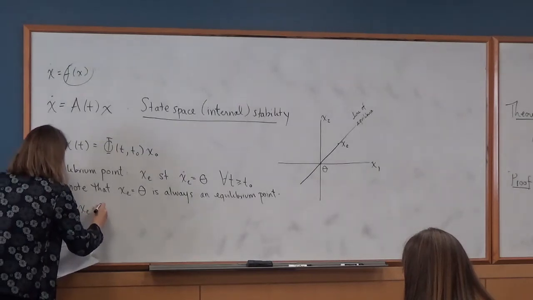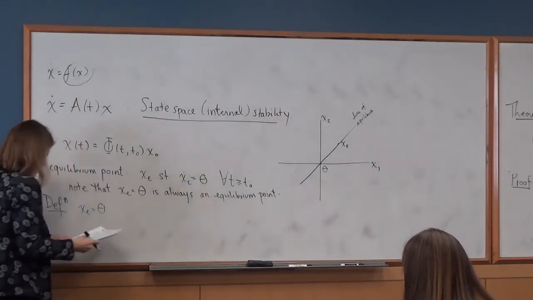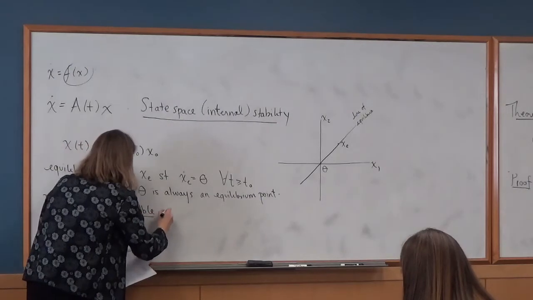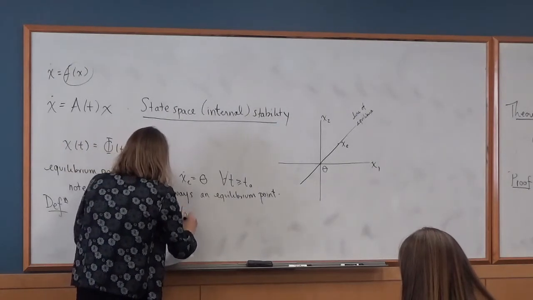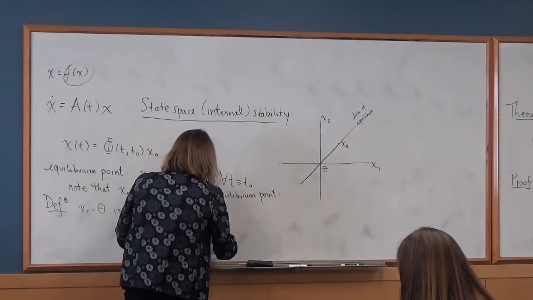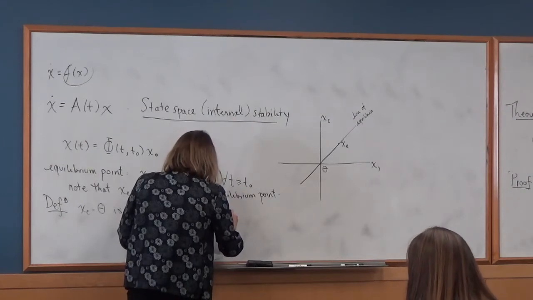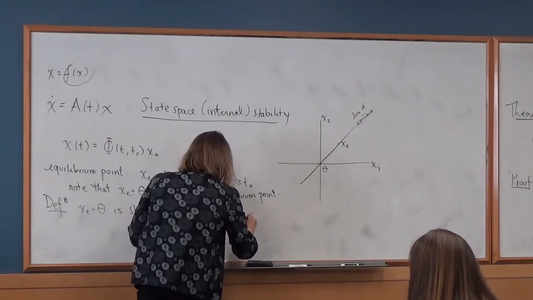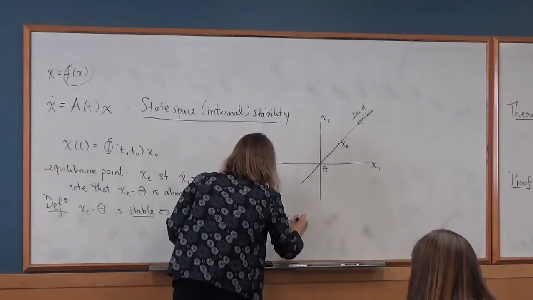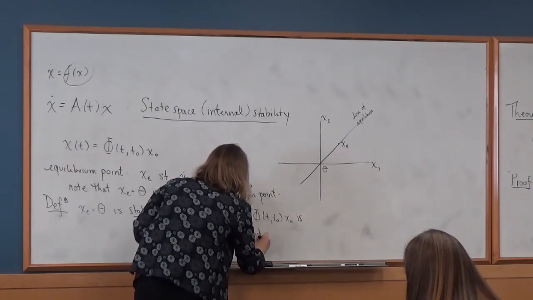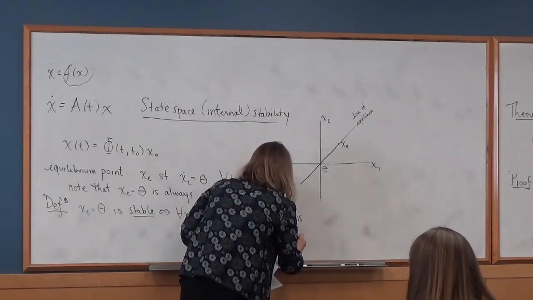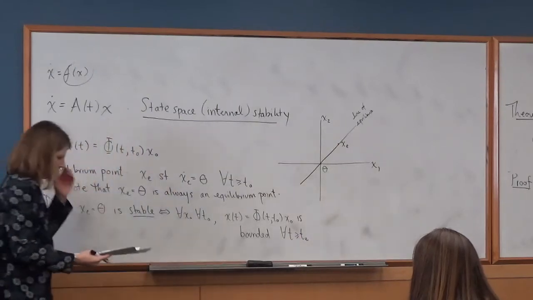So we say that xe equals 0, the n-dimensional 0, is stable. So just by definition, what does it need to be stable? It means that for all initial conditions, for all initial times, the map or the function which gives us the state trajectory, phi of t comma t equals 0 at 0, is bounded, for all t greater than or equal to 0.